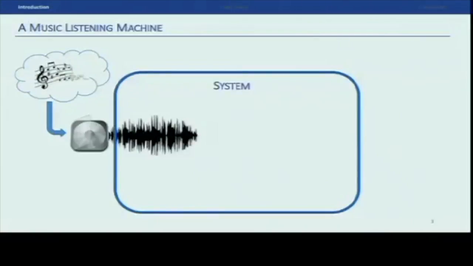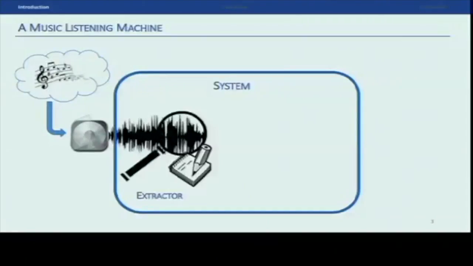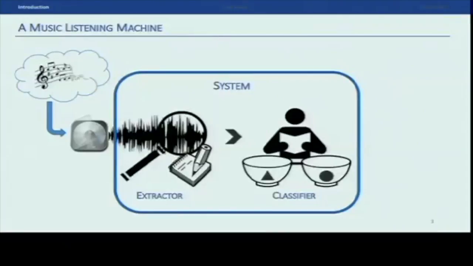And a music listening machine, what it does essentially is first extract some characteristics out of the audio signal, some features, which then are exploited by a classifier, usually a machine learning model, but it could be also an expert system based on some human-defined rules. But we will stick to the supervised machine learning approach, to try to assign that item to a particular category.